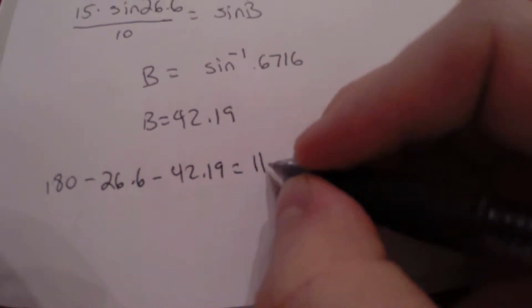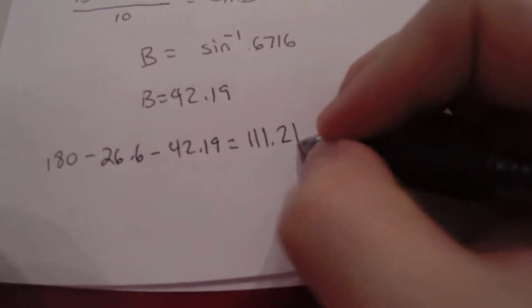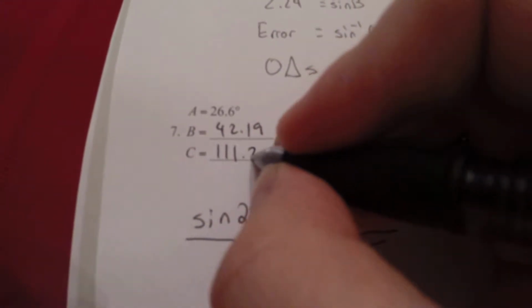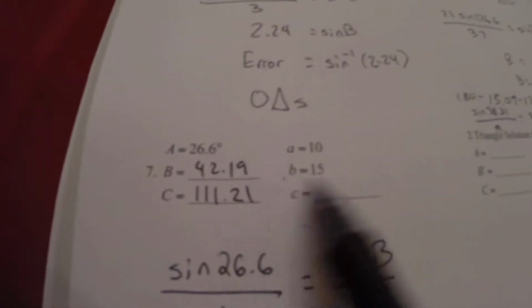Oh, I made a mistake. What did I do wrong? Oh, I ended it with a parenthesis, silly me. 111.21. Alright, so we got 111.21.